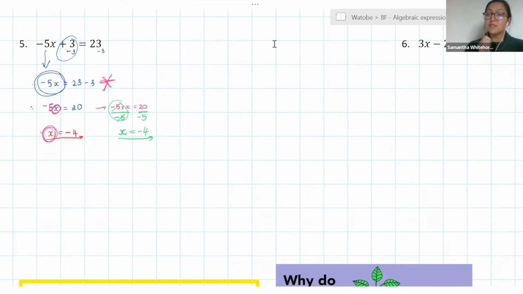So if it was -5 times x, the opposite of that is to divide by -5. So in order to get that -4, I divided by -5 because I have to use the inverse operation. Oh, thank you, ma'am. Okay, good.